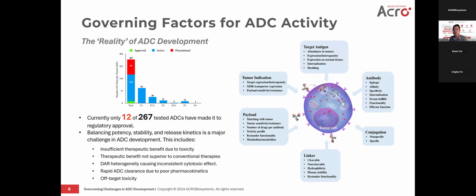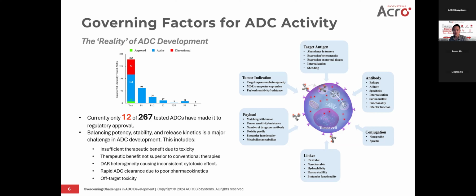These challenges can include off-target toxicity, insufficient benefit over conventional chemotherapies, and also DAR heterogeneity, which can cause inconsistent cytotoxicity effect. Rapid ADC clearance can also cause poor pharmacokinetics.